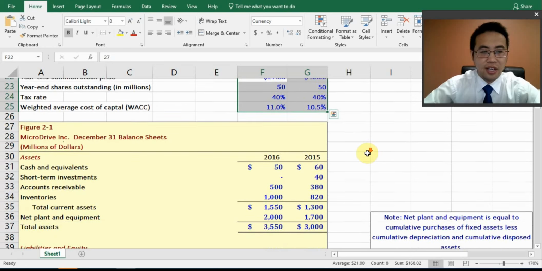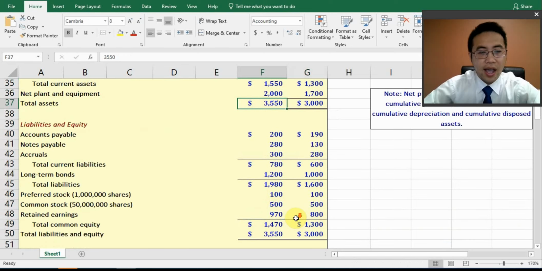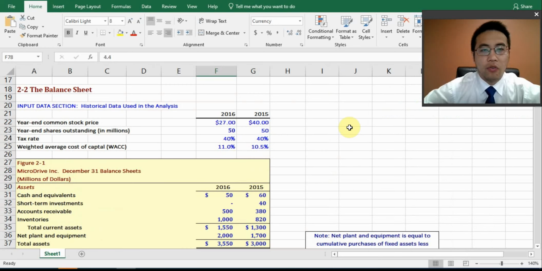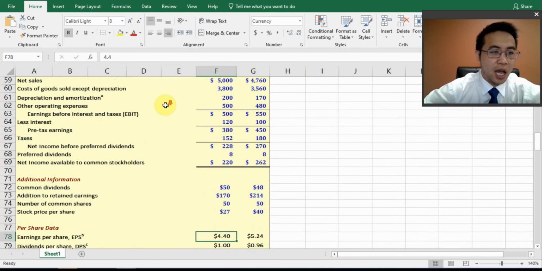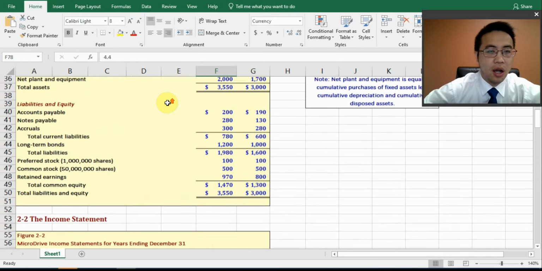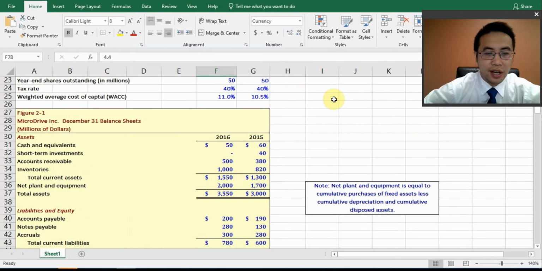So we just leave it as it is. But the current assets, total assets, and total current liabilities could also be calculated, and we're gonna put some formulas behind them to show that we have the knowledge of how to construct the financial statements. For what it's worth, the entire spreadsheet, including this balance sheet, income statement, and all the others, is directly coming from your textbook. So if you got lost somewhere, you can check the textbook for more detailed information.